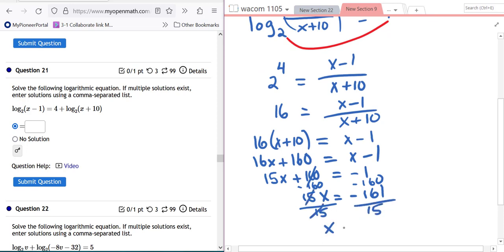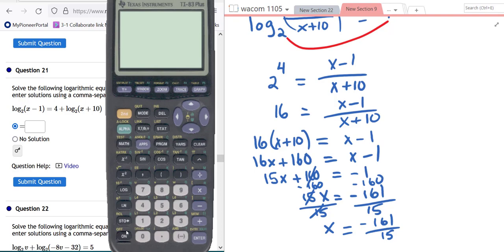All right, so x is equal to negative 161 over 15. Now, to be able to check that, we just need to know kind of what is that equal to. All right, so we'll go in our calculator, and it's going to be negative, so 161 divided by 15. All right, so negative 10.7.